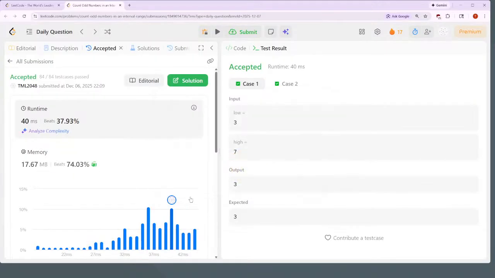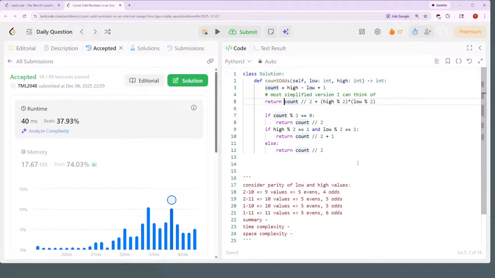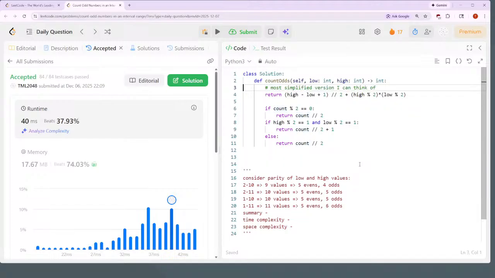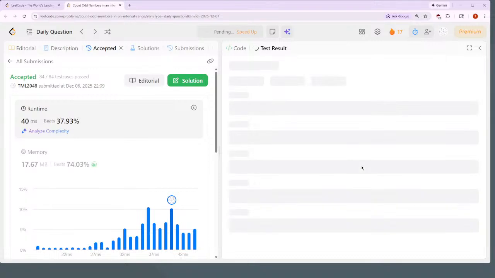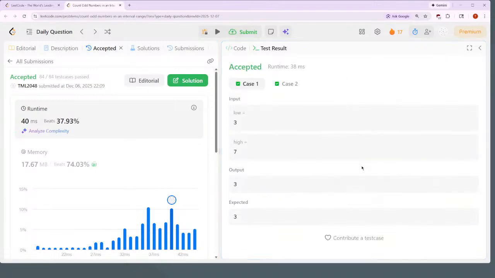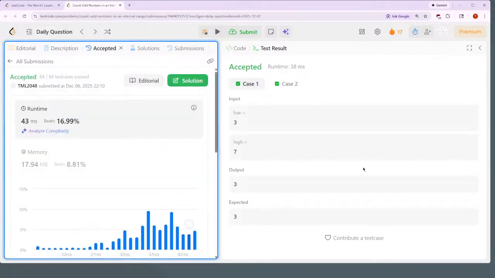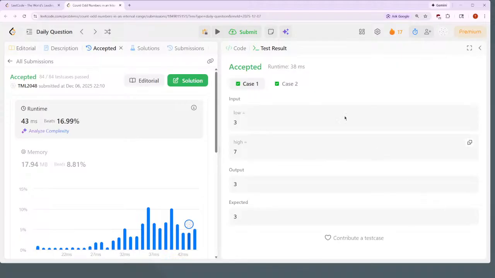What the heck? Okay. I think it's just the count deal. High minus low plus 1. Can't imagine this being it, it has to be faster. 38 milliseconds. Wow, what the heck?